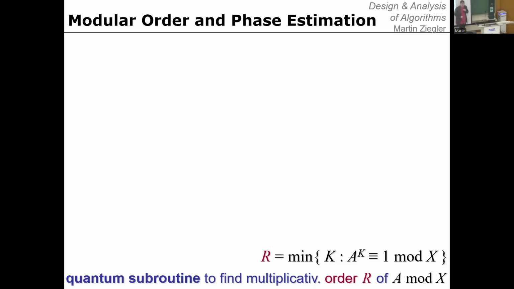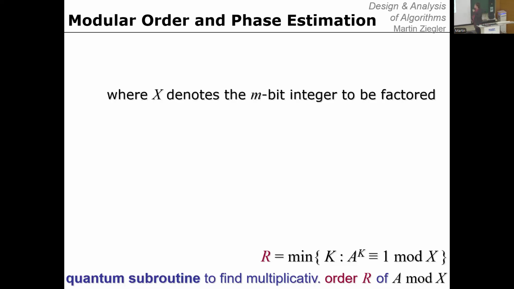Let's say X, X is an n-bit number, actually it will be an m-bit number. Therefore, its value can be at most 2 to the small m. A can be as large as 2 to the small m. And K and R can also be as large as 2 to the small m.